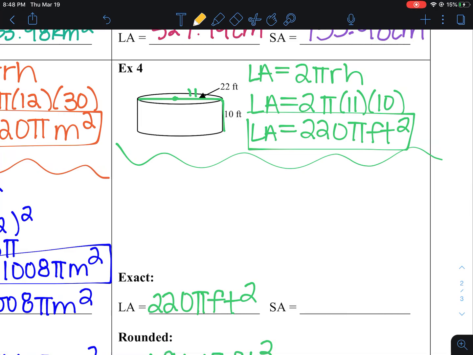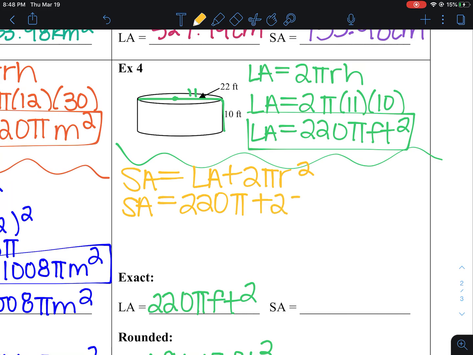And then surface area for this cylinder, and I'm just assuming it's a tuna can, but you know what I mean. Surface area for this cylinder would be the lateral area plus 2 pi r squared. So that's 220 pi plus 2 pi, the radius is 11, remember?